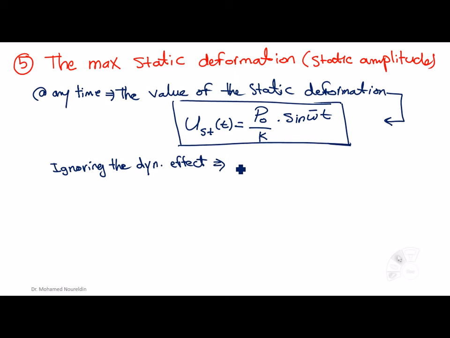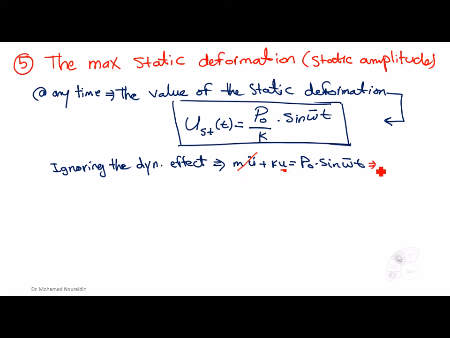In this equation, do you remember the main equation? m u double dot plus k u equals P node sine omega bar t, right? We are going to neglect this part. What is going to be here? U here is what? If we neglect the inertia and the dynamic part, u is going to be the static one.